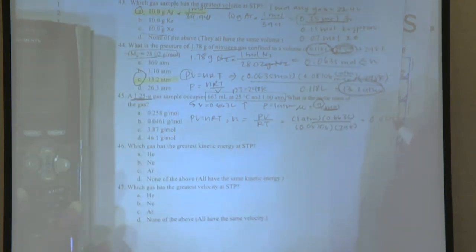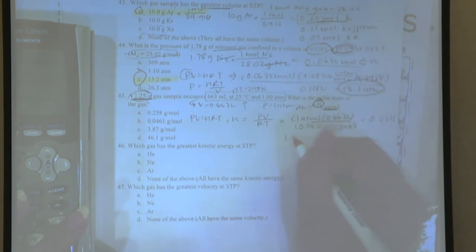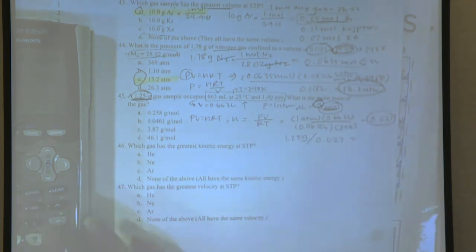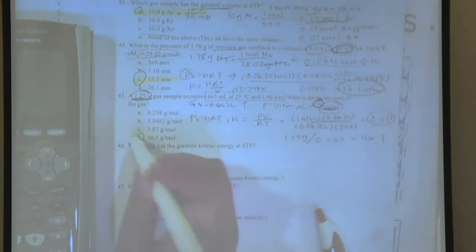Which is going to give me my n, right? Once I've found my n, I'm going to take my grams, 1.25 grams, and divide it by my number of moles here. 1.25 divided by the answer I just got is going to give me 46.1, which is D.